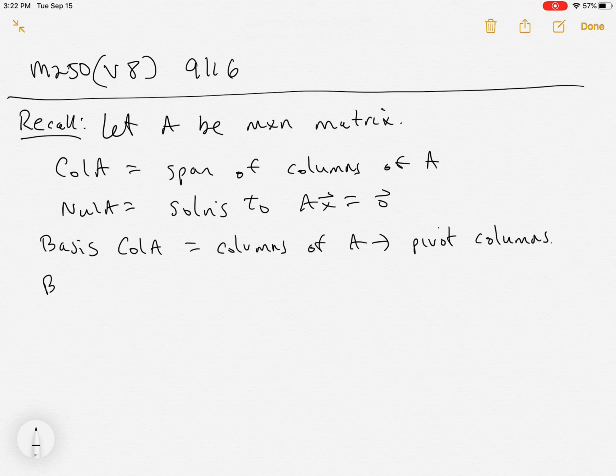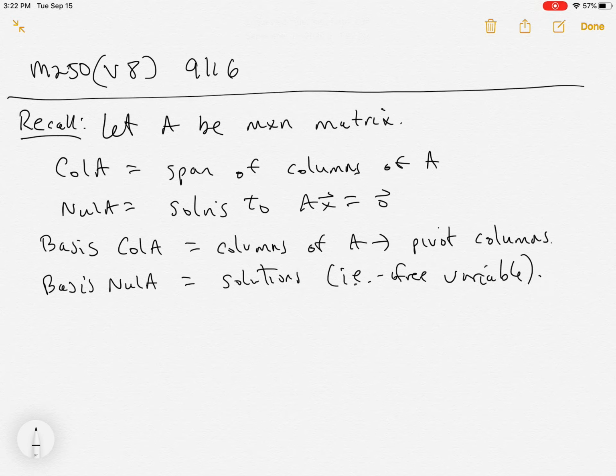And then the basis for the null space of A turns out to be the solutions, i.e. the free variable parametric solution that we've been doing. Well, if you were in DiffyQs, you've been doing it since February.